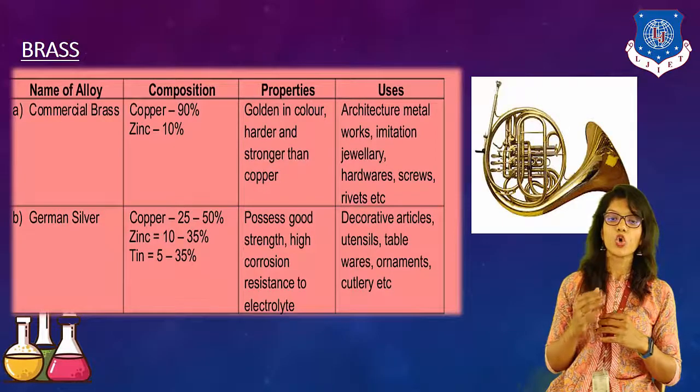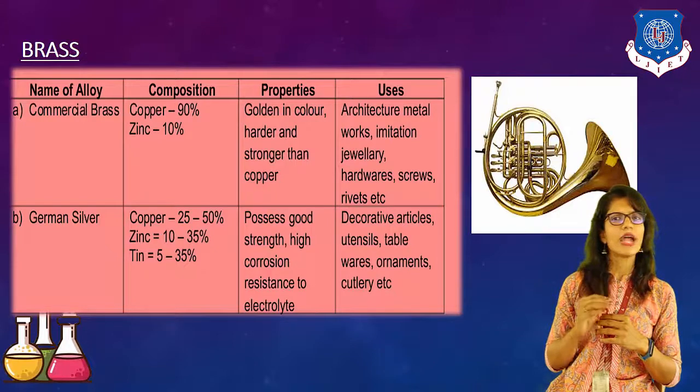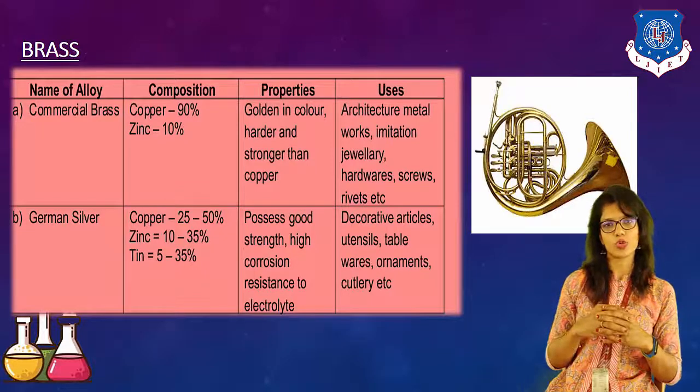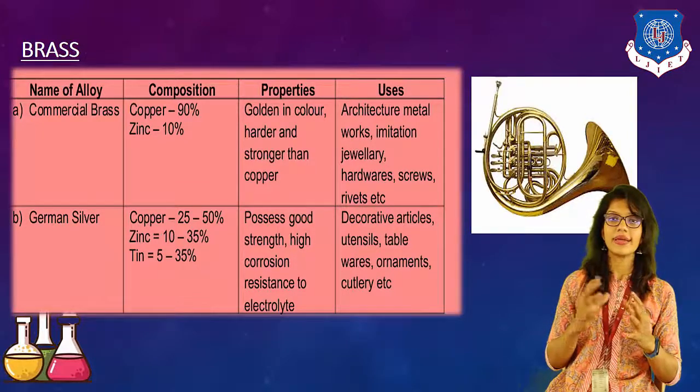They are golden in color, harder and stronger than copper. They are widely used in architecture, metal works, imitation jewelry, hardware, screws, rivets, etc. They are used to manufacture different kinds of musical instruments also, as you can see in the image.